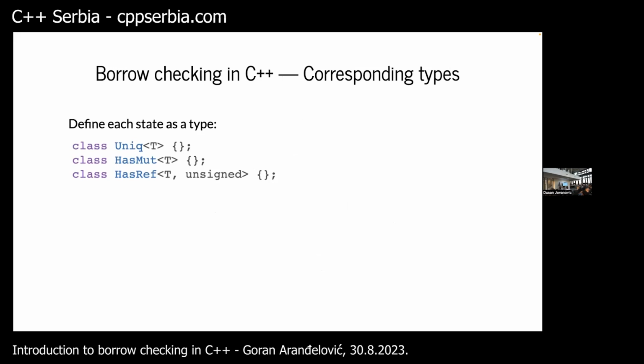Because in C++ we still do not have a proper way to implement it in a compiler, you have to somehow describe these states using the C++ type system. As you can see, these are plain structs, plain small classes. They don't need to have any particular implementation.